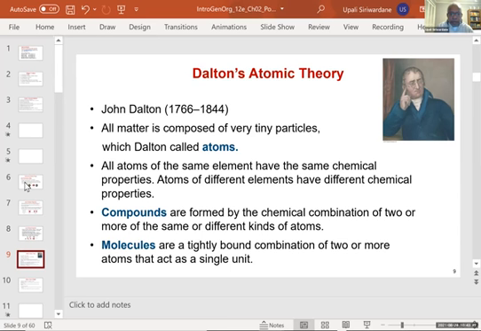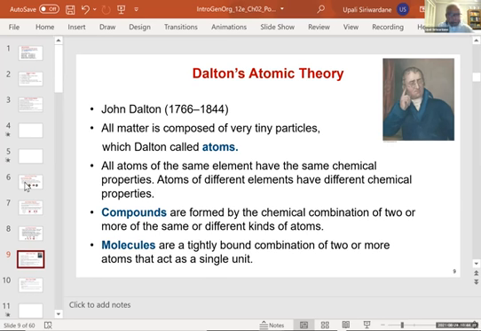To explain the law of multiple proportions, Dalton came up with the idea that compounds are made from chemical combination of two or more of the same or different kinds of atoms. A compound is a molecule or ionic compound, like sodium chloride, which has two different kinds of atoms. Molecules are tightly bound combinations of two or more atoms that act as a single unit.